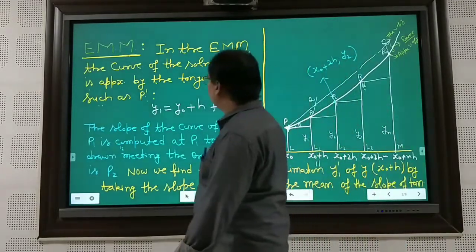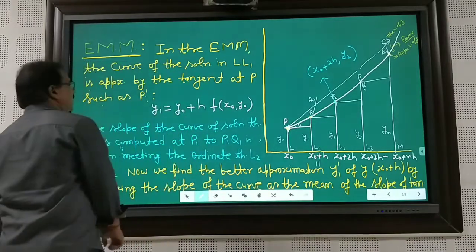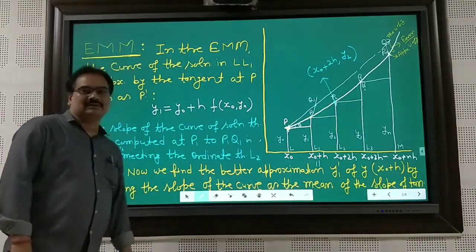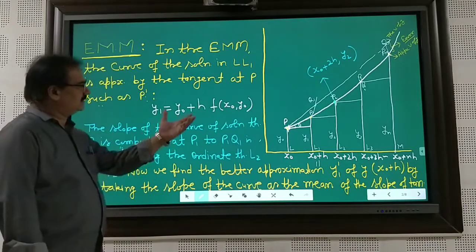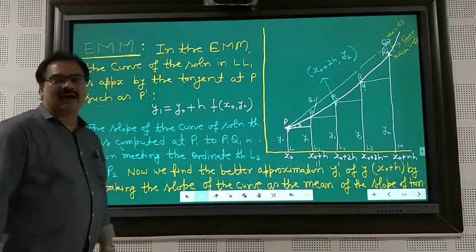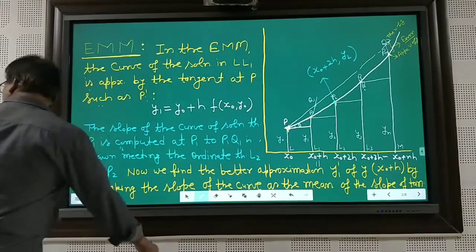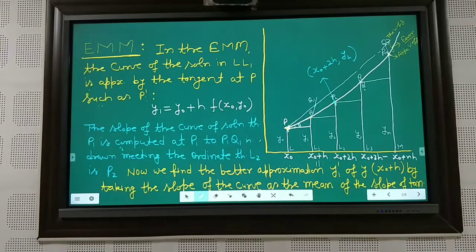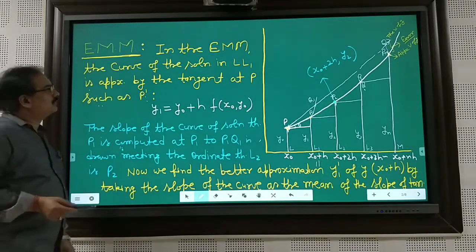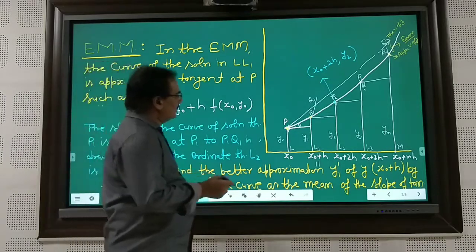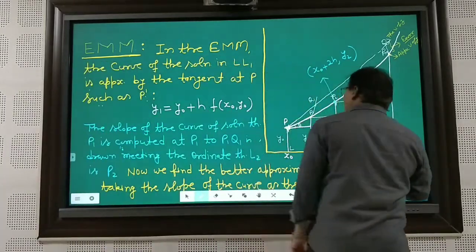Now to discuss Euler's modified method, once again we will discuss the geometrical interpretation in the form of the graph, as we did in the case of Euler's method. In Euler's modified method, let us focus on this graph.